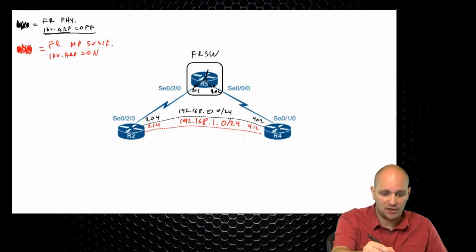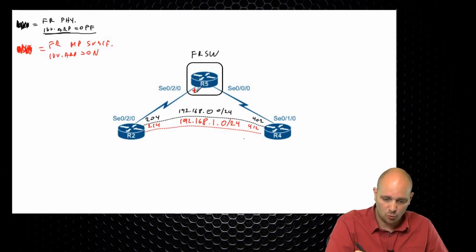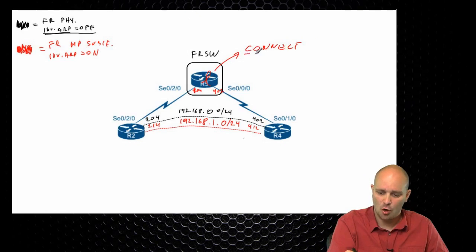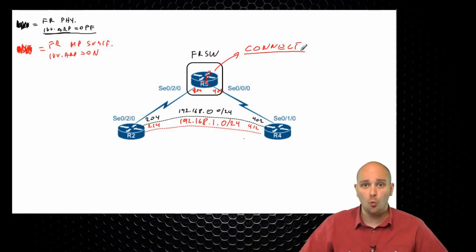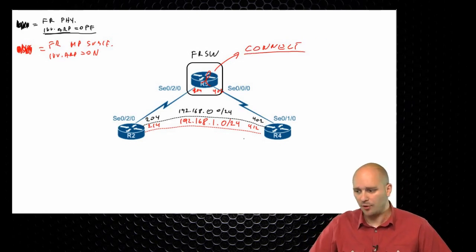So for this part here, instead of using the frame maps, I'm going to take the DLCI 204 here and map it to DLCI 402 here and back using the connect statements, or as I like to call it, the new way of configuring frame relay switch.